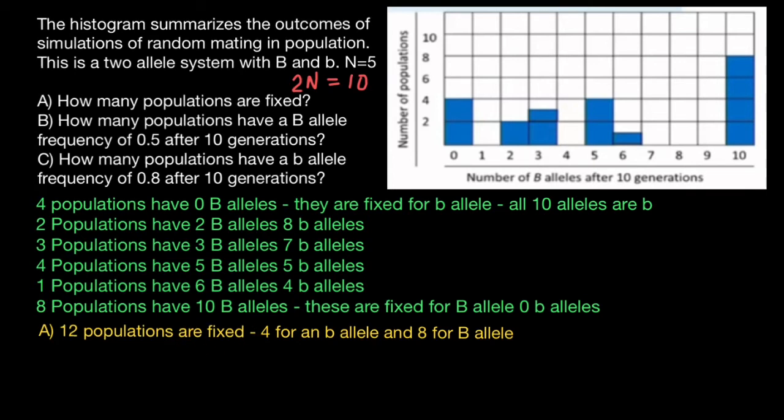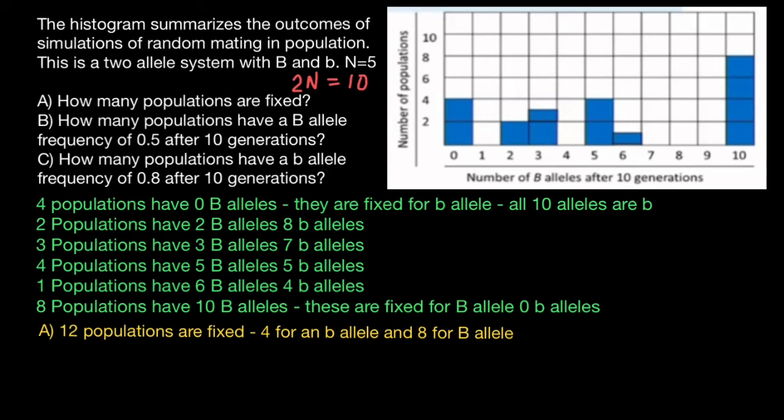Some for the recessive allele b, or 4, and some, or 8, for the dominant allele B. This question doesn't ask us how many populations would be fixed for the dominant allele, just how many populations are fixed. So we have to combine these two numbers, and our answer is going to be 12 populations would be fixed for the dominant allele or recessive allele.